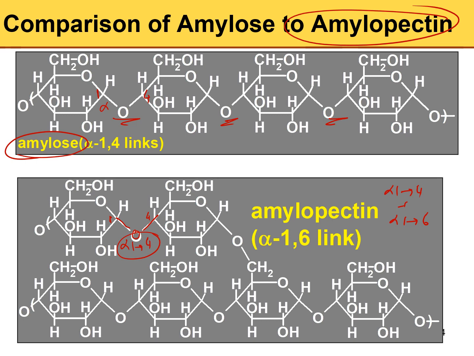Now how do you get 1,6? Now recall, carbon number 1 is this one here. If you look at this top one here, this is 6, 5, 4, 3, 2, 1. If this is down, this will be the alpha position. This is alpha 1 going down, and it connects with carbon number 6 on the other one, 6, 5, 4, 3, 2, 1.